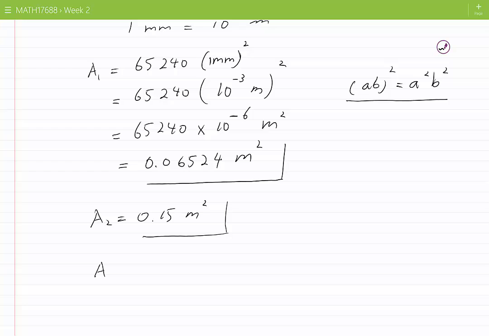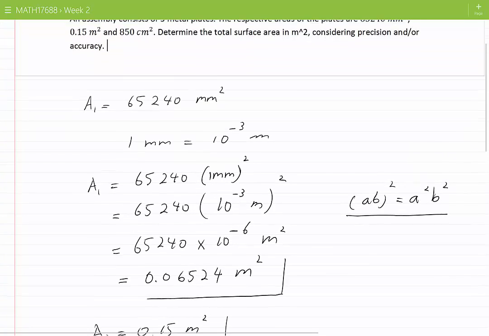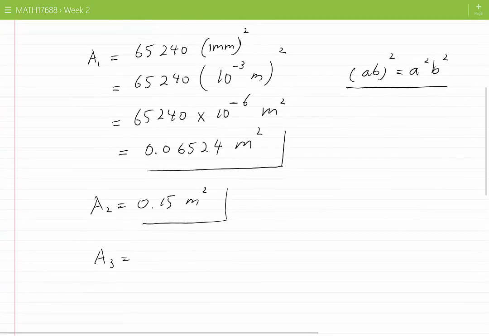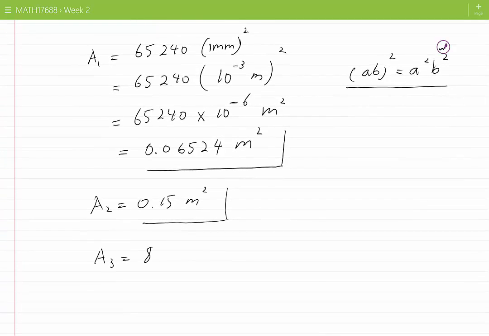The third area is equal to 850 centimeters squared, and I would like to convert this quantity to meters squared so I can add this to the other two quantities.